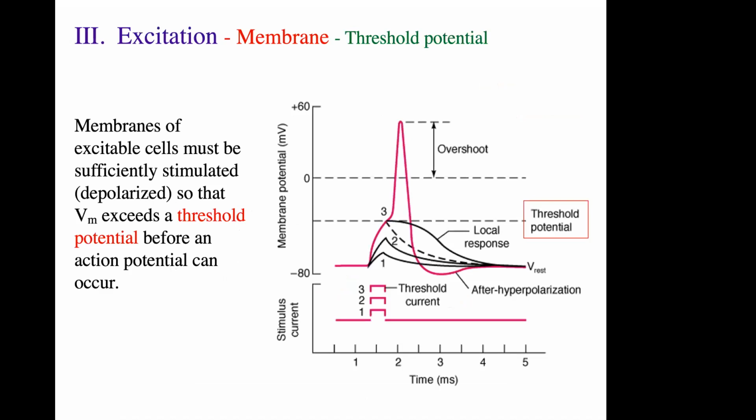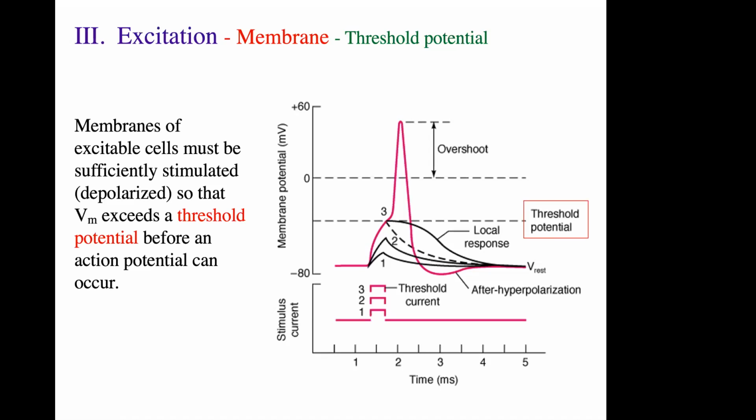So we've been mentioning action potentials for a couple of lectures now, and so we're going to start to actually look at what makes an action potential tick. Membranes of excitable cells, when they become sufficiently stimulated, sufficiently stimulated means that the membrane is going to depolarize past some threshold potential. Okay, so on this graph right here, we have membrane potential on the y-axis, and we have just a time course on the x-axis down here.